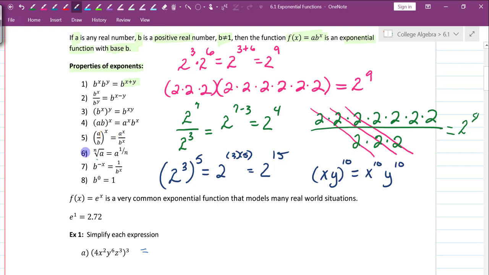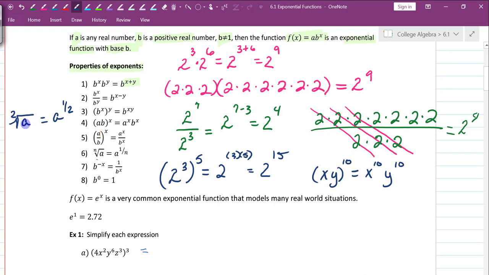Number 6. The nth root of a is equal to a raised to the 1 over n. And most people remember that if I have the square root of a, that's equal to a to the 1/2. So since you most likely have this pretty well memorized, if you're dealing with different numbers, let's say a 3 and a 4, make sure that if you can't remember which is the denominator, which is the numerator, go back to what you know.